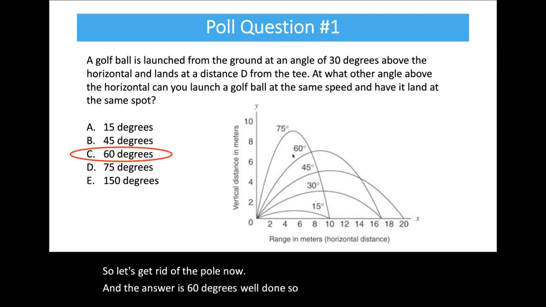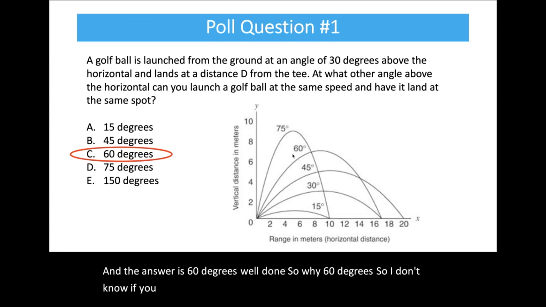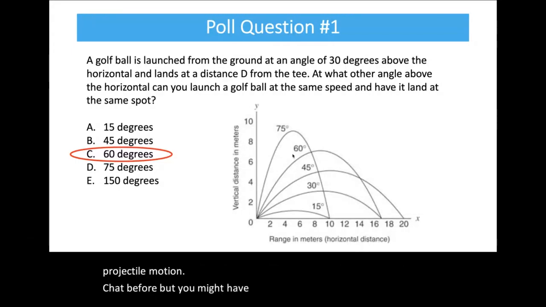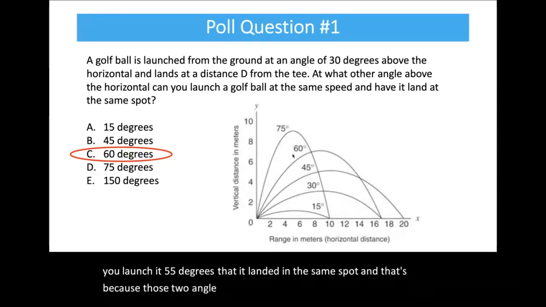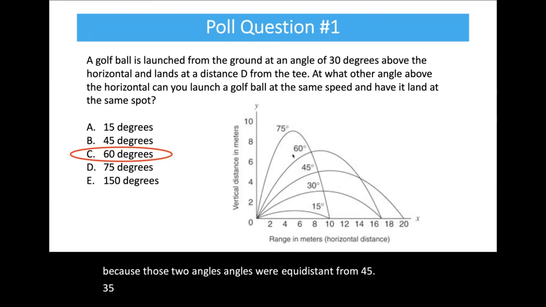So why 60 degrees? I don't know if you were paying attention when I was playing around with the projectile motion simulation before, but you might have noticed that when you launch at 35 and at 55 degrees, it landed in the same spot, because those two angles were equidistant from 45. 35 degrees was 10 below 45, and 55 was 10 above.